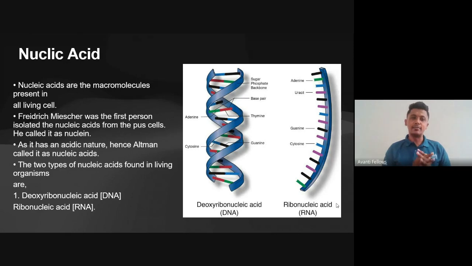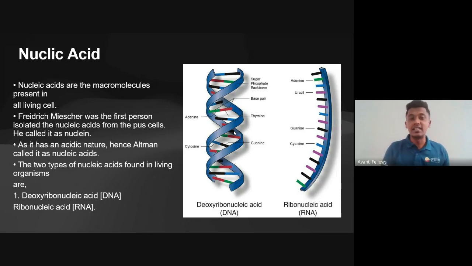So we had a nice introduction to the molecular basis of inheritance, and I was also talking about the history of how this started. Among that, when we talk about the scientific era, I mentioned the nucleic acid, and how it was discovered by Friedrich Miescher while he isolated pus cells.